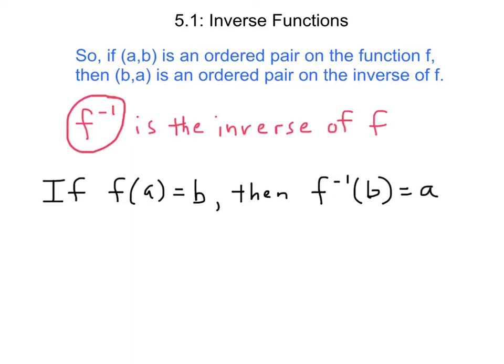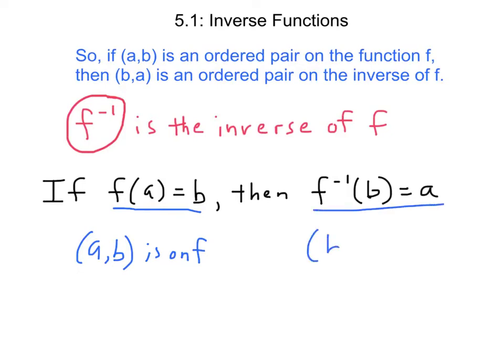Then f inverse would send b back to a. So really this first statement here means the ordered pair (a, b) is on f. And this second statement means the ordered pair (b, a) is on f inverse.